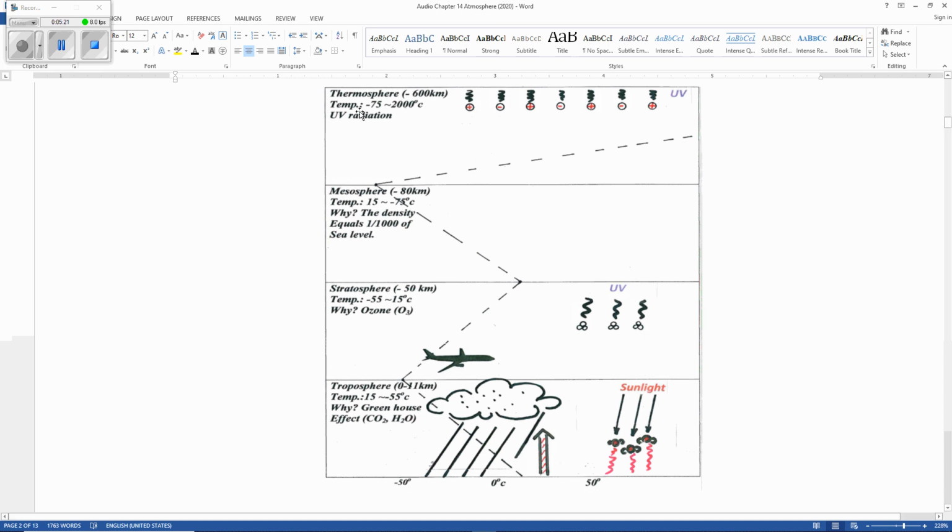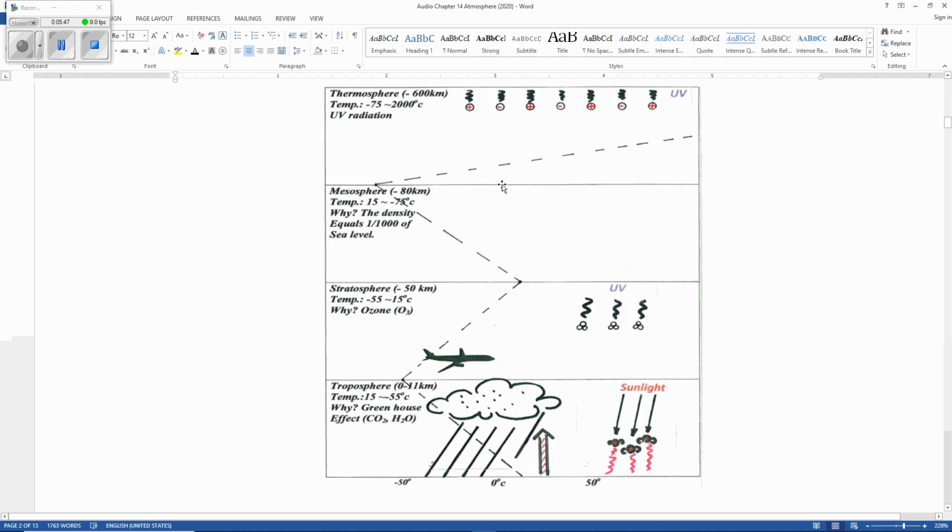Especially the last one, the thermosphere, starts from 80 up to 600. This is 10, this about 40, this about 30, and this is more than 500 kilometers. So you need to keep that in mind.